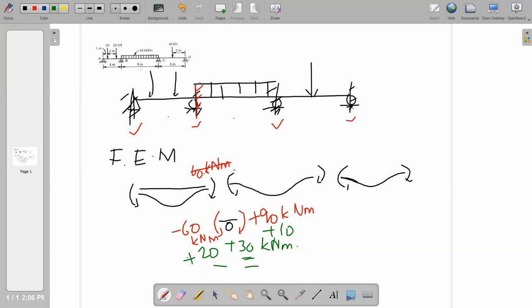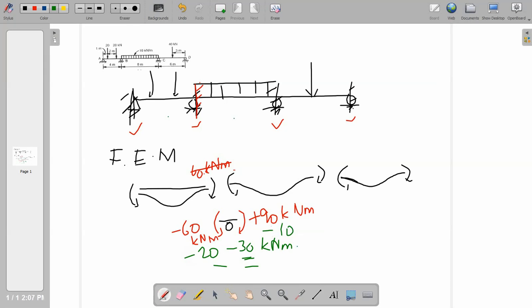I'm sorry, what I needed to apply was negative 30. So let's say I distributed that negative 30 as a negative 20 and a negative 10.